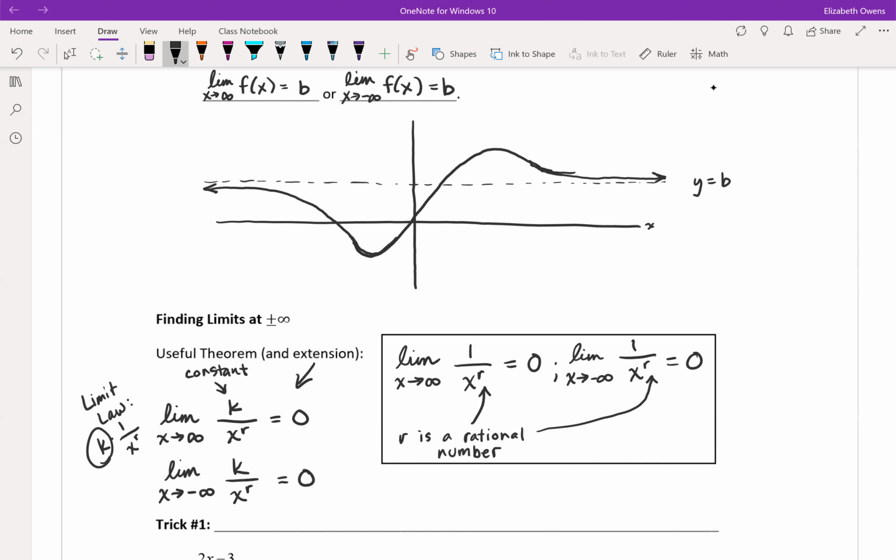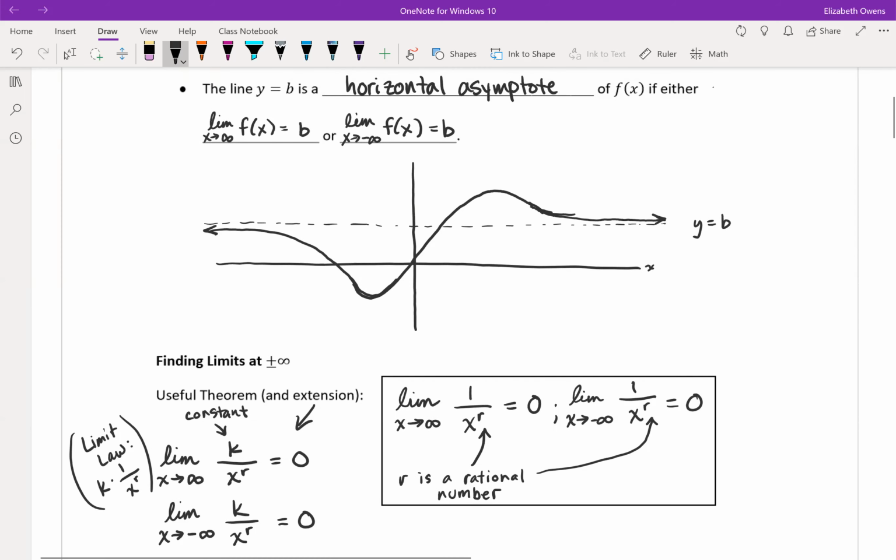So this is a constant times the limit of 1 over x to the r as x goes to infinity. That would be 0 according to our theorem. So you'd have k times 0, which still gives you a limit of 0. So that's 2 ways of thinking about the extension. Use whichever one makes the most sense to you. Just remember the overall idea here: as the denominator of these functions gets very large, the result is so small that we say the limit goes to 0.